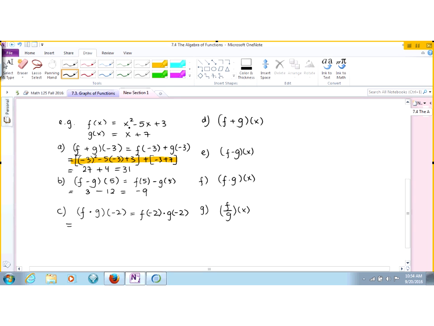So negative 2 squared, which is 4, minus 5 times negative 2, so plus 10. So 4 plus 10 plus 3, 17. So multiply by g of negative 2. Negative 2 plus 7 is 5. So 17 times 5. Yes, finish.